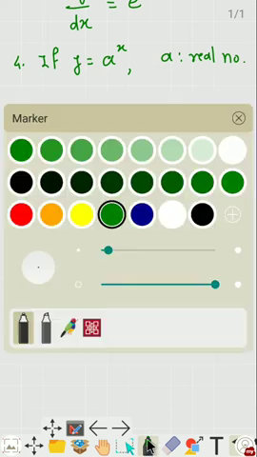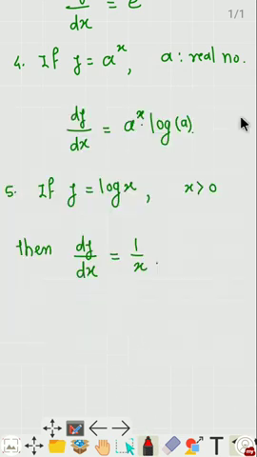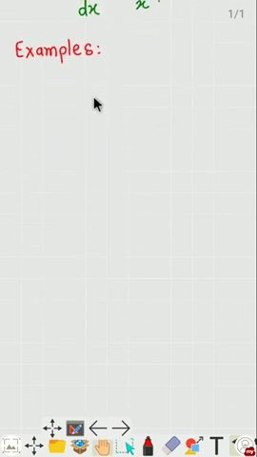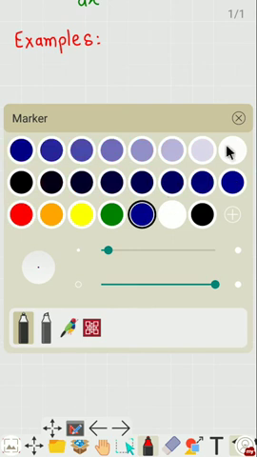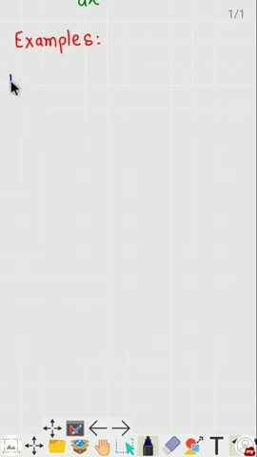So all these are the standard functions and their derivatives, and based on these standard functions we try to solve some examples now. So let us take the first example, question number 1. If y is equal to 10, obviously here 10 is a constant number.